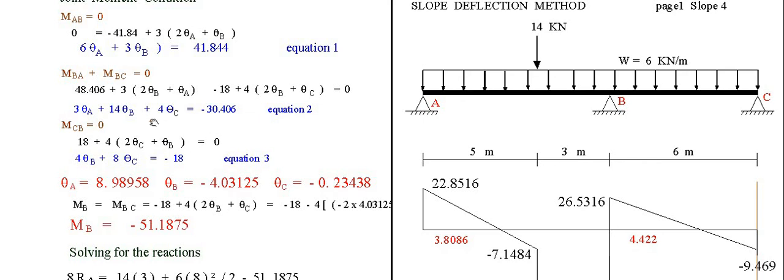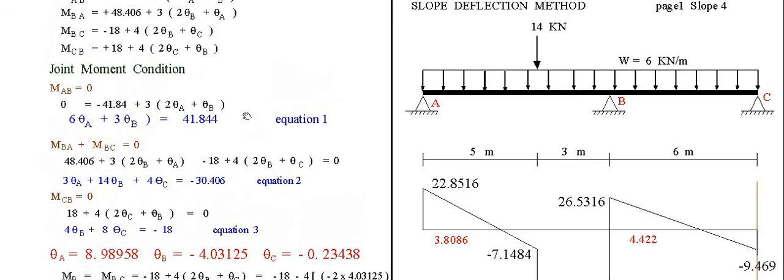The only problem is B. There is a moment at B. So moment at B is actually equal to BC. Again, the moment at B, we have two values. One is positive, one is negative. One positive value of moment at B is BA.